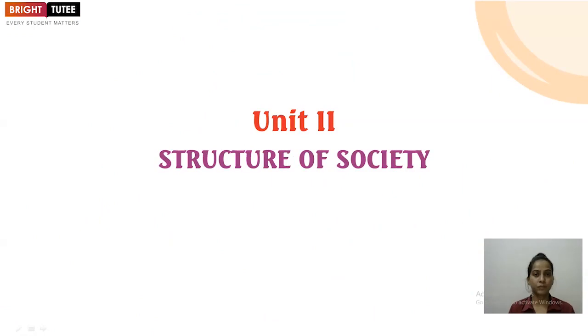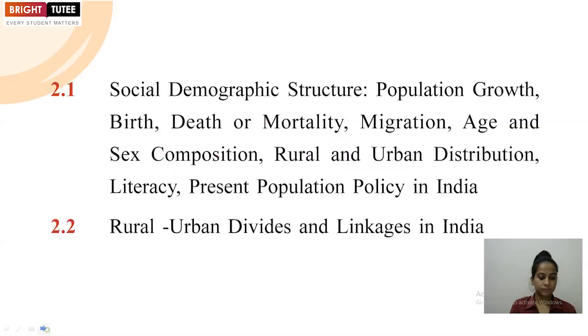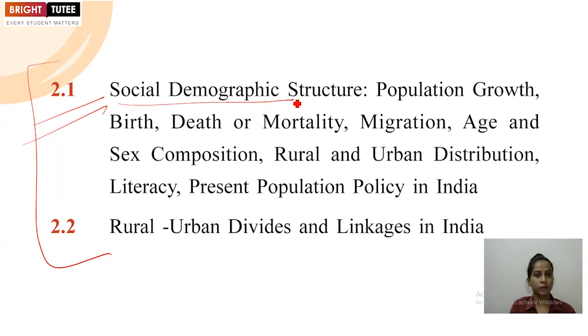Hello students, I'm Jitesh Kola and today we are going to start with Unit 2 of Class 12 Sociology, that is Structure of Society. This unit we have divided into two parts. In the first part of this unit, we will discuss the social demographic structure, in which we will talk about population growth, birth rate, death rate, mortality rate.